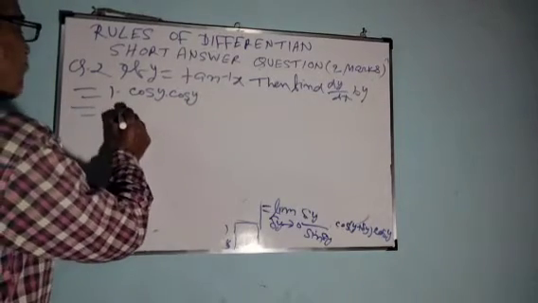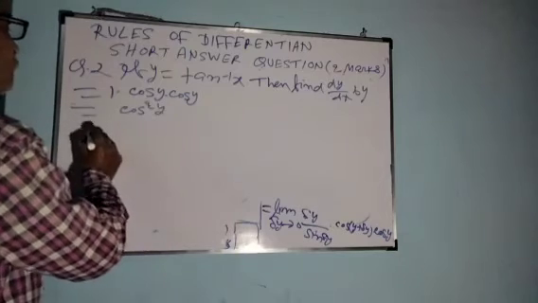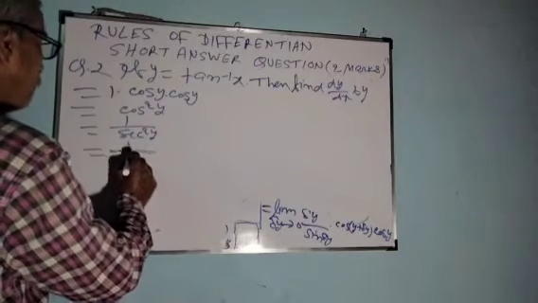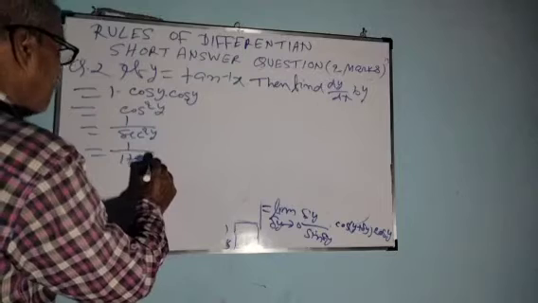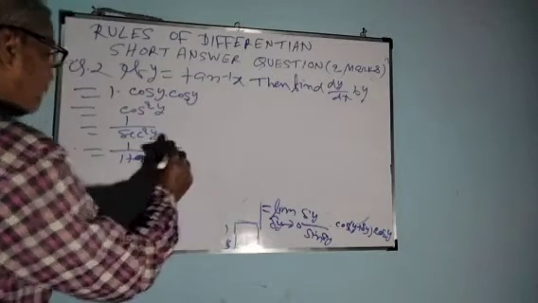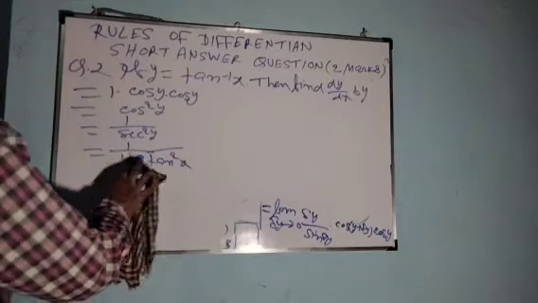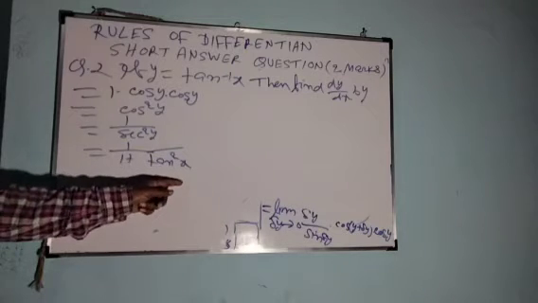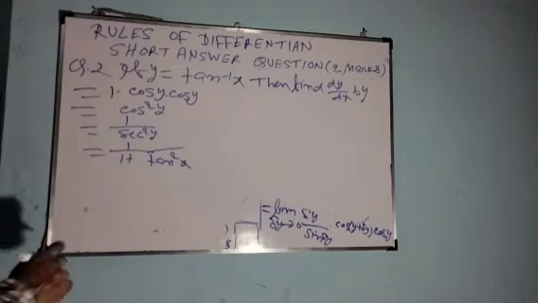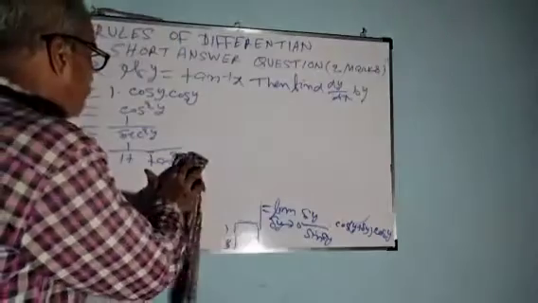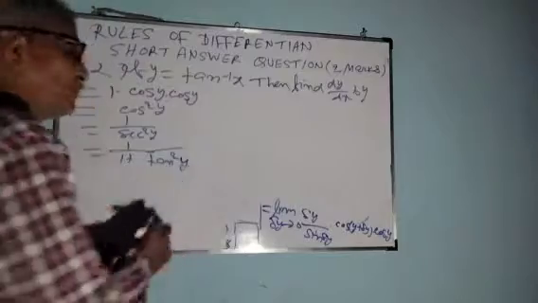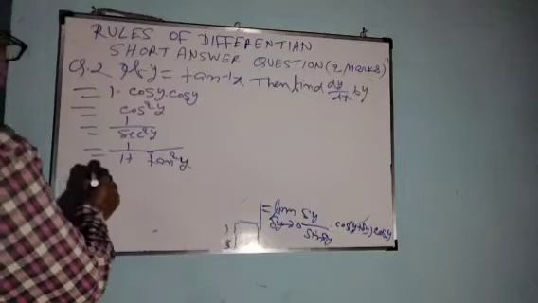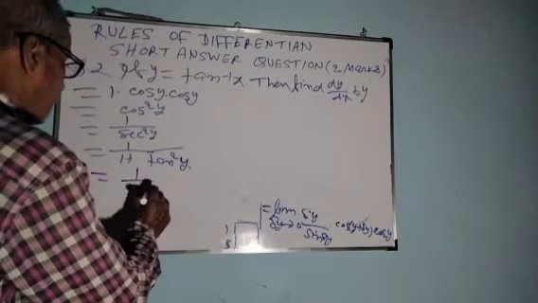This is equal to cos square y, which is 1 by sec square y, which is 1 by 1 plus tan square y. And as we know, x equal to tan y, so it is equal to 1 by 1 plus x square.